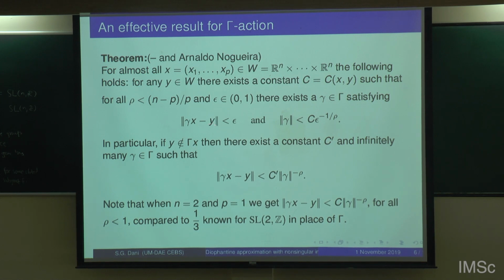Why? Because once you find some approximation, this quantity is not 0. You take that as your next epsilon and find a gamma for which it is less than that particular value, and so on. So when it is not in the orbit, you will keep getting more and more gammas which do better and better. Therefore there exist infinitely many gamma for which this condition is satisfied.